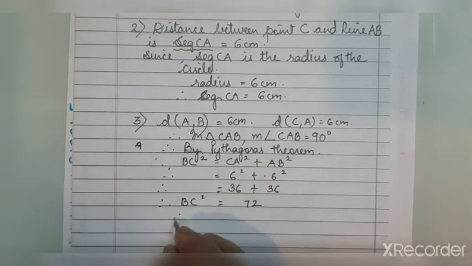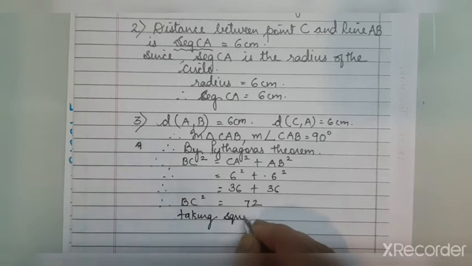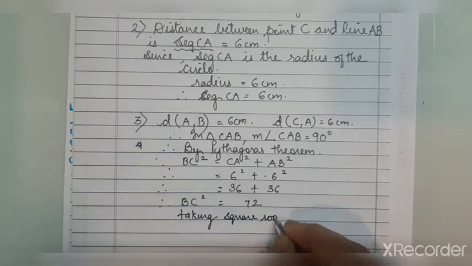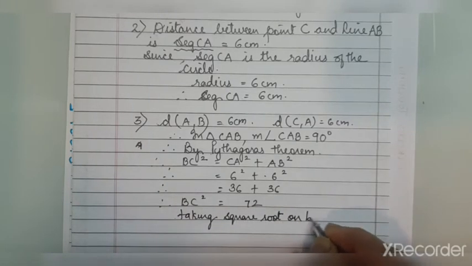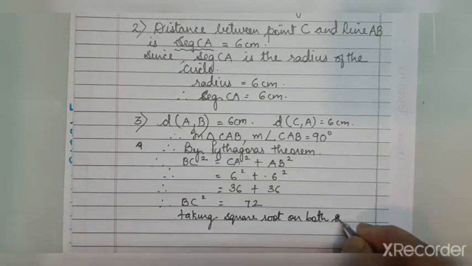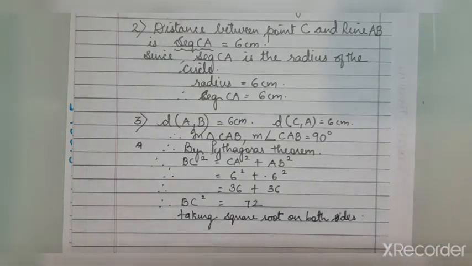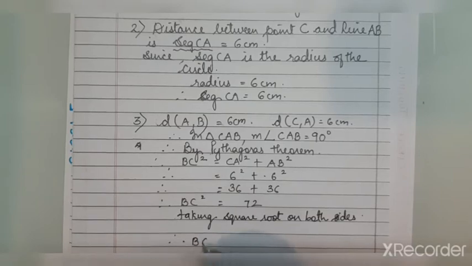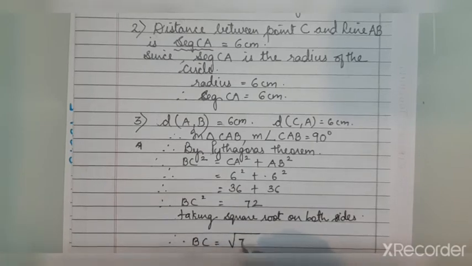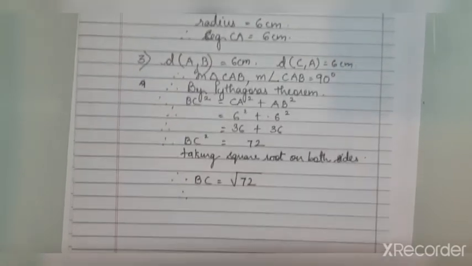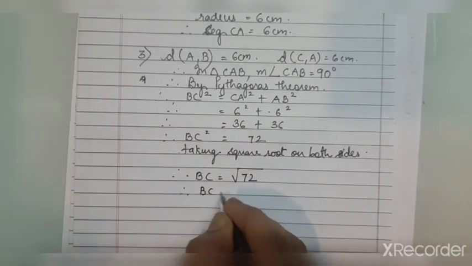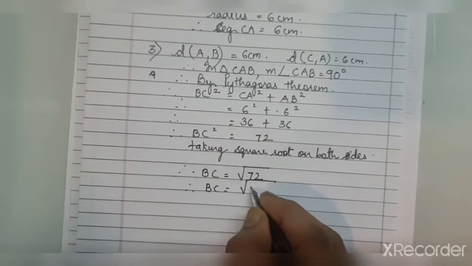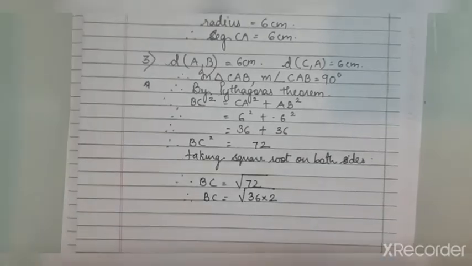Okay, now taking square root on both the sides. So therefore, BC is equal to root 72. Therefore, BC is equal to, this is nothing but 36 twos are 72.